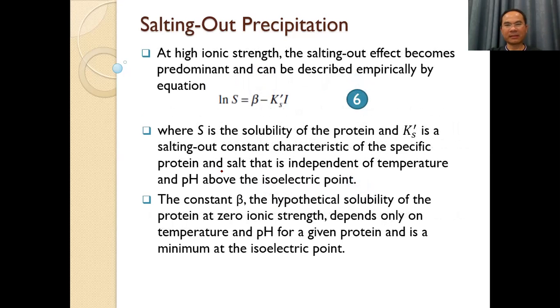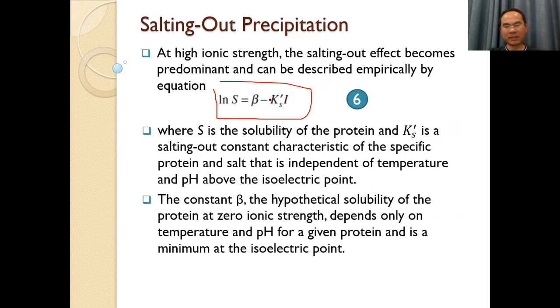At high ionic strength, the salting out effect becomes predominant and can be described empirically by log S equals beta minus K' times Si, where S is the solubility of the protein. K' is the salting out constant characteristic of the protein. It depends on the protein and on the salt concentration, pressure, pH and temperature.